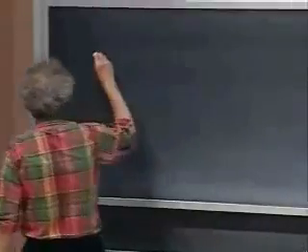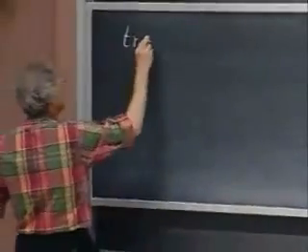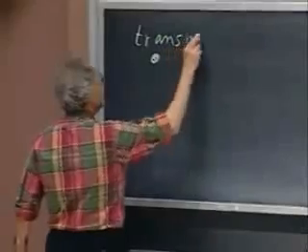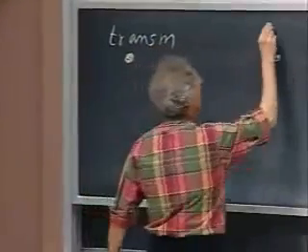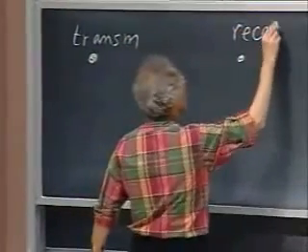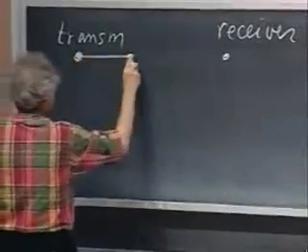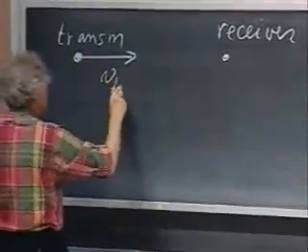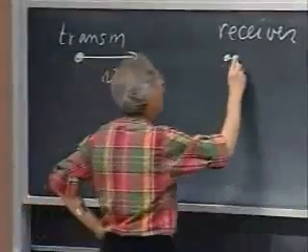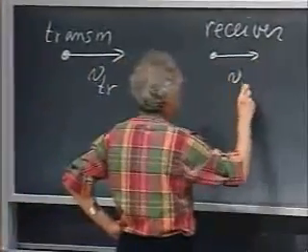Let this be the transmitter of sound, and this is the receiver of sound. Could be you, your ears. And suppose this is the velocity of the transmitter, and this is the velocity of the receiver.